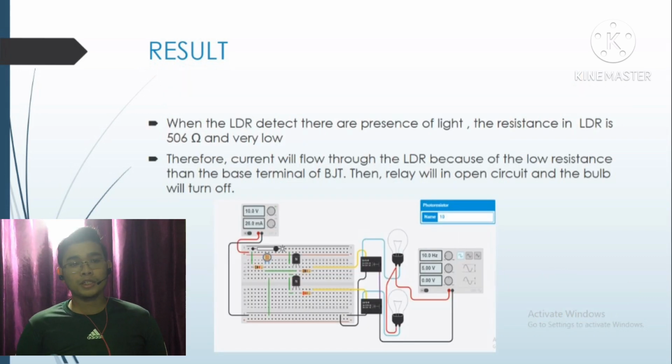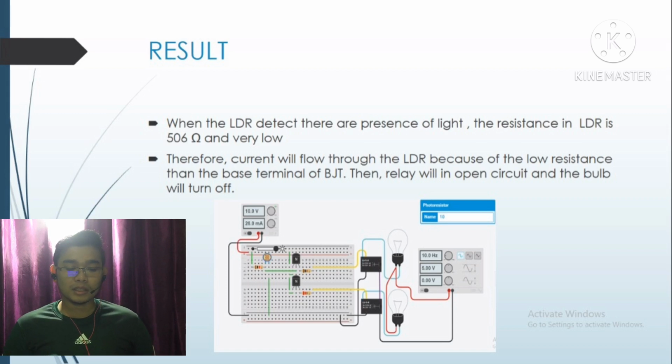Okay, for the third condition, which is the high presence of light, we can see from the result circuit that I have prepared that both bulbs are turned off. So what happened? This is the explanation.